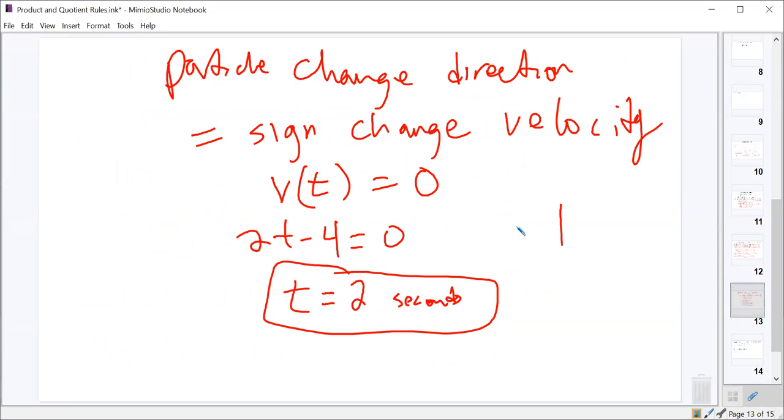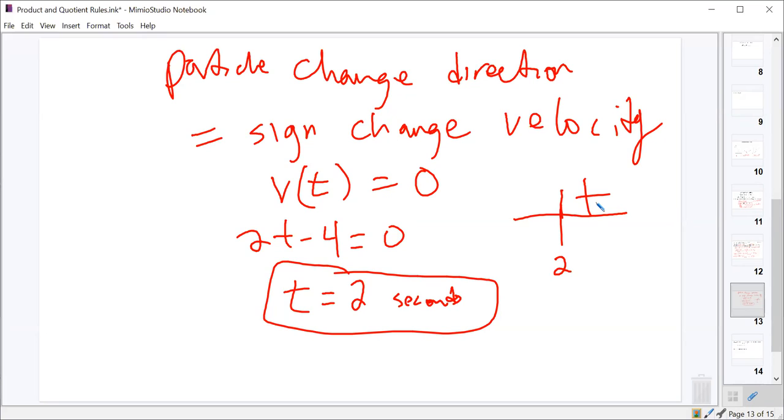As we get more into the applications of derivatives, we'll want to make these sign charts. So we'll put 2, our value, onto a sign chart and plug in a value greater than 2, for example, 3. Plug 3 into your velocity function, and what do you get? Something positive.